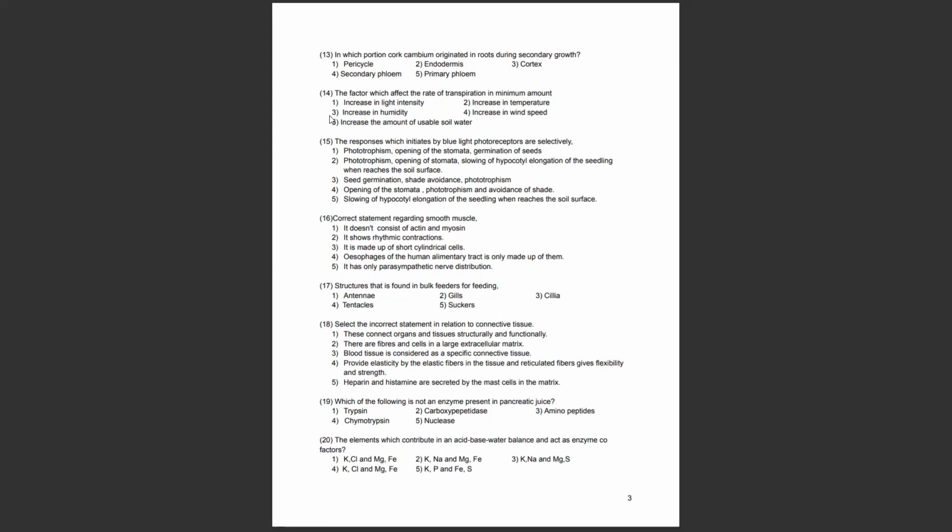Then increasing temperature, greater the temperature, higher the rate of transpiration. Increasing wind speed, right? Windy condition increase the transpiration rate. Then increase the amount of usable soil water. Yes, that is also increase the rate of transpiration. Now here they are asking which factor affects the rate of transpiration minimum amount, right?